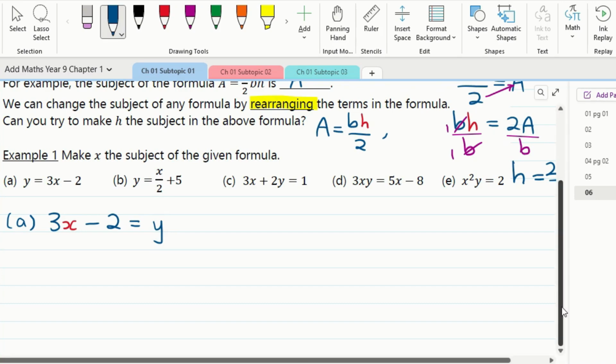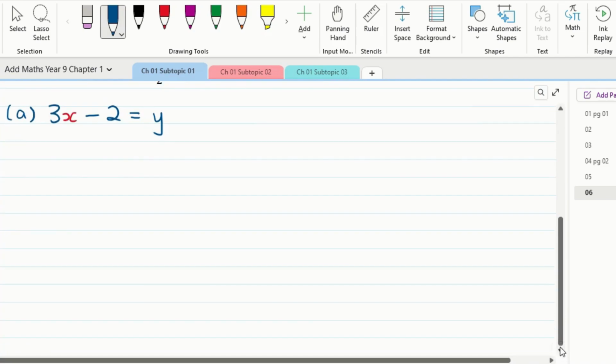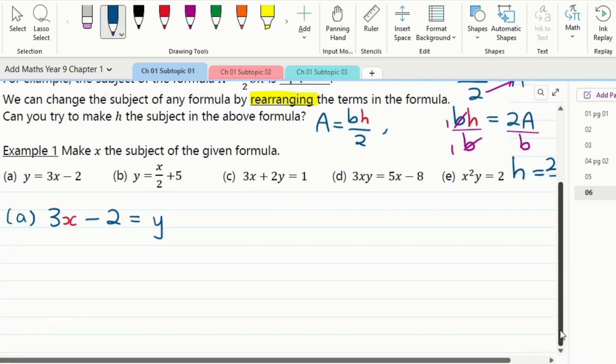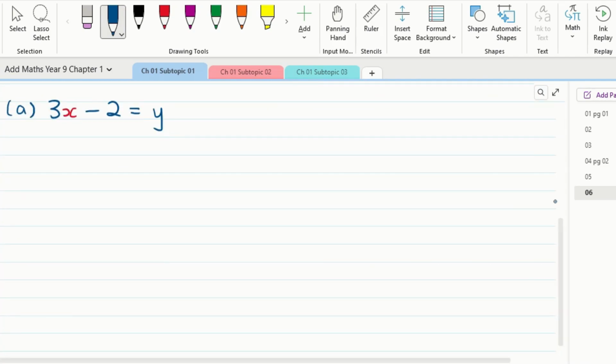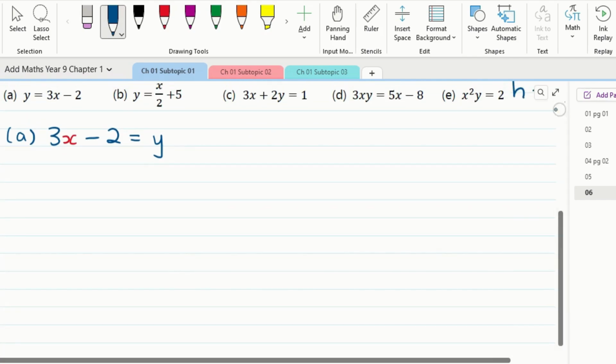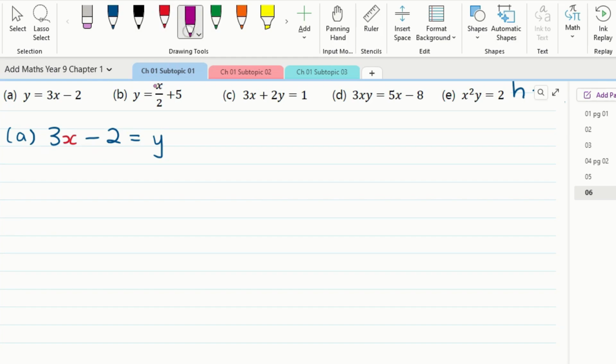Now, to change the subject into x, it is quite similar to solving a linear equation. Which term do you have to move first? Is it 3 or is it negative 2? In this case, it's going to be negative 2 first. So what we will have is 3x equals y plus 2.